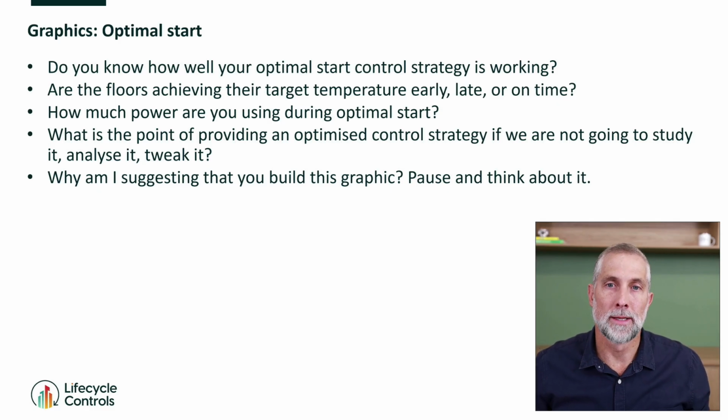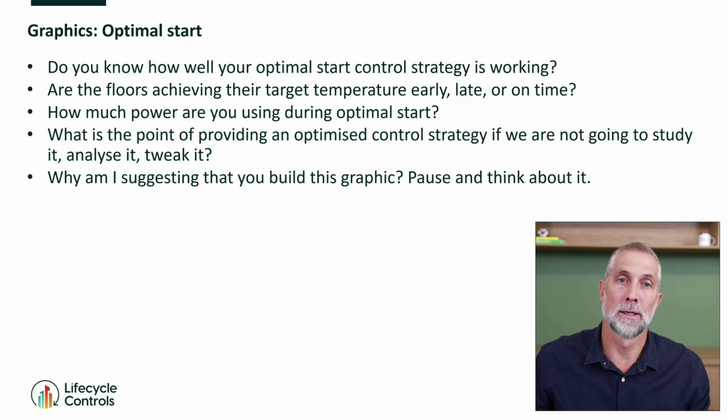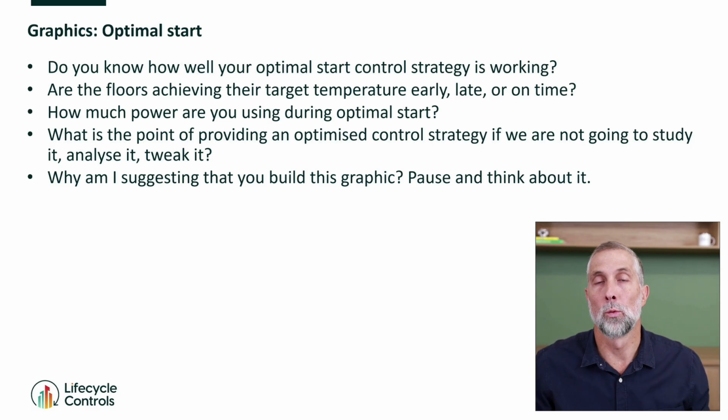Are the floors achieving their target temperature early, late, or on time? And the third one, how much power are you using during optimal start? There's basically two purposes for optimal start. One is we need to air condition the building before occupancy, so when the tenants arrive on site, it's comfortable on their floor. So in winter, we are going to preheat the building for half an hour, an hour and a half, whatever.